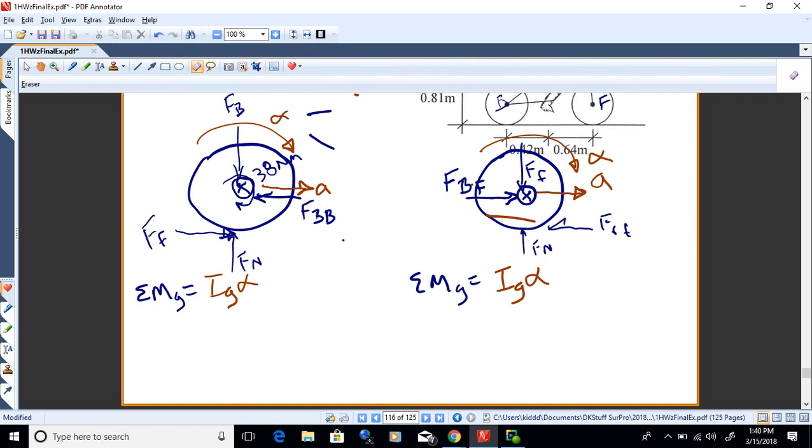So I can find those two, but I only have two equations. But you do have two independent equations, right? Yes. So now you need one more equation to come up with the frictions.